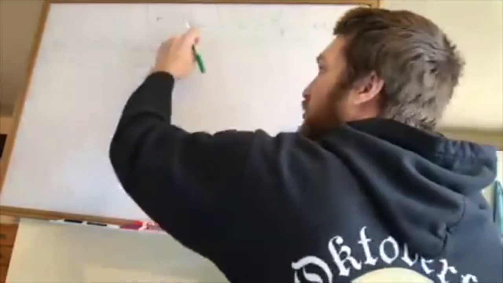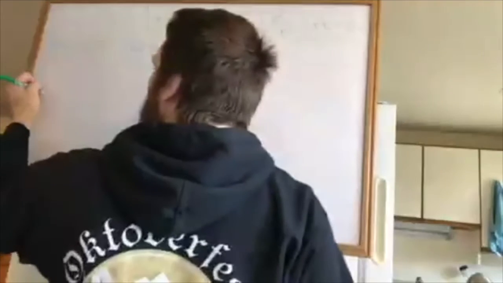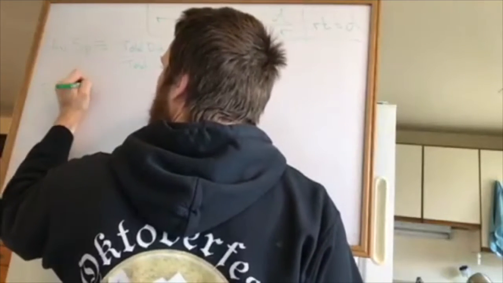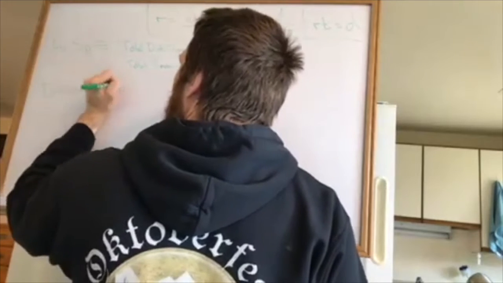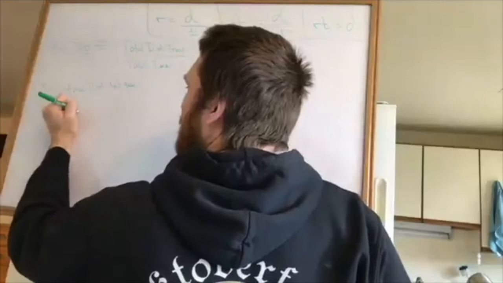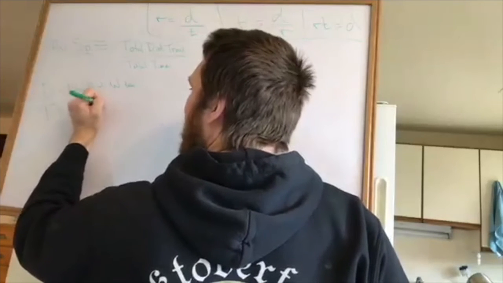So I'm going to say D is the total distance Wayne traveled, and big T is the total time it took.